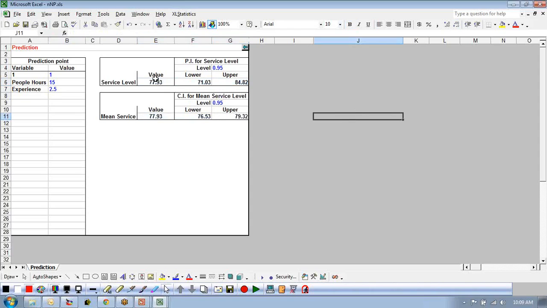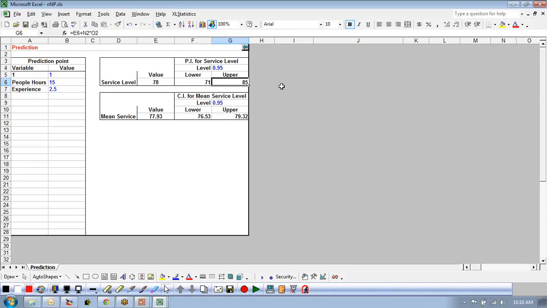There we go. So our service level, we would be predicting, here's the prediction interval right here, would be 78, plus or minus a few, and we're pretty confident, 95% confident, that it's going to be between 71 and 85.